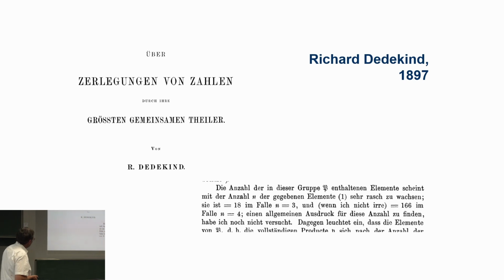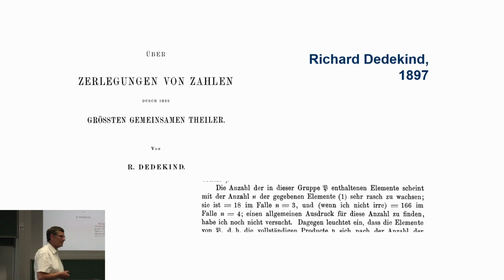So it all starts in 1897 when this famous mathematician, of course, Richard Dedekind, in German, wrote this paper on Zerlegungen von Zahlen durch ihre größten gemeinsamen Teile. Most of the presentations that I've been doing on this subject until now, I had to translate this title, but I think I don't need to do that here.